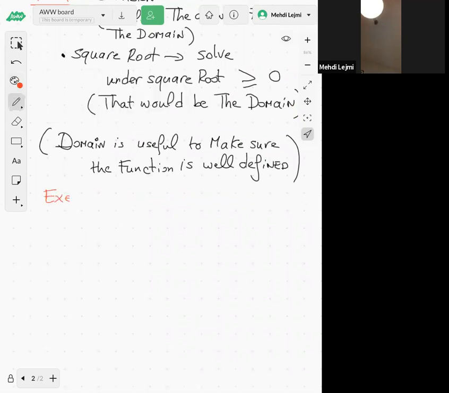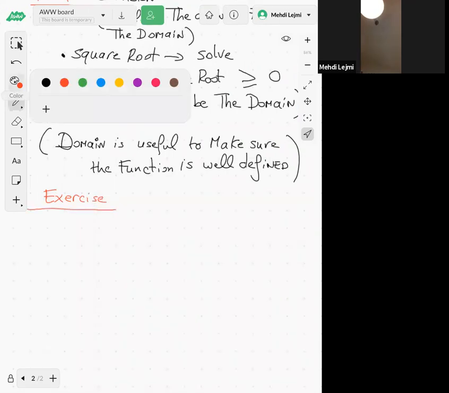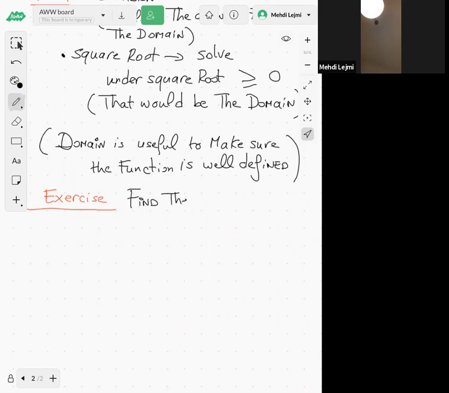Exercise. We need to find the domain of. This is how we find the domain when we have an equation.